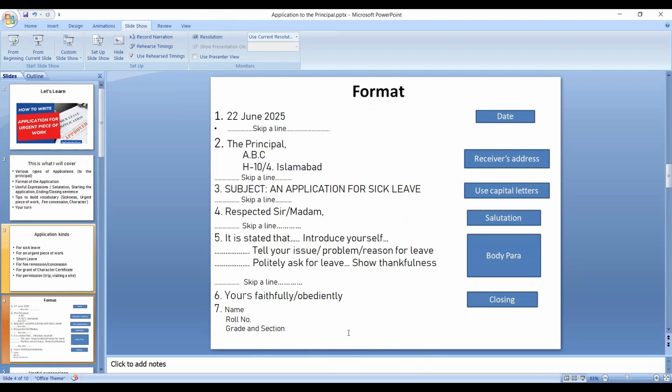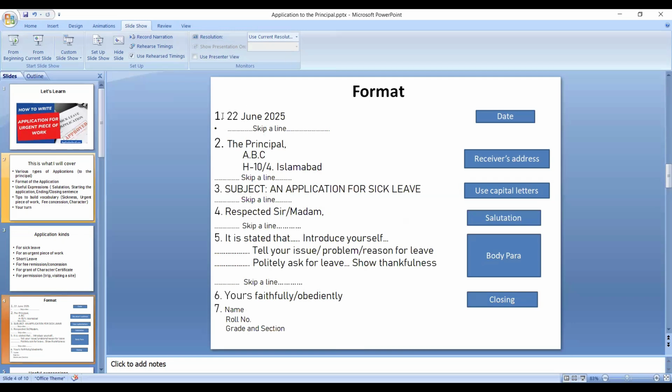Now, let's move towards this important slide where we'll be looking at the format of an application. You can just take a screenshot and then you can apply the same format for any kind of application that you write to the principal of your college.